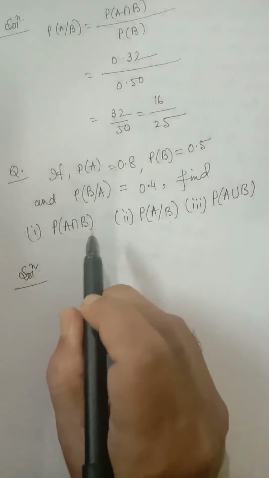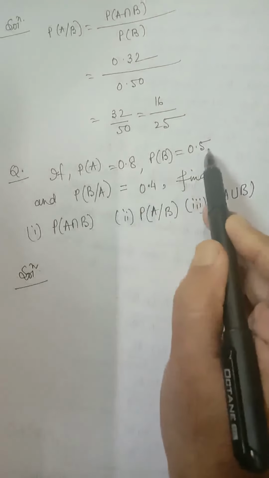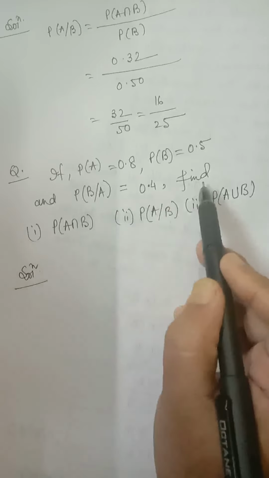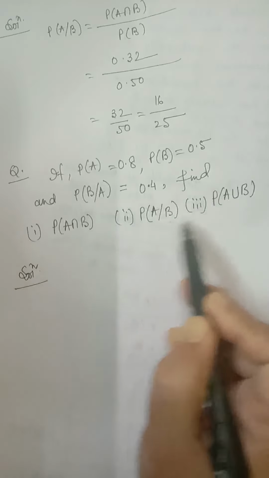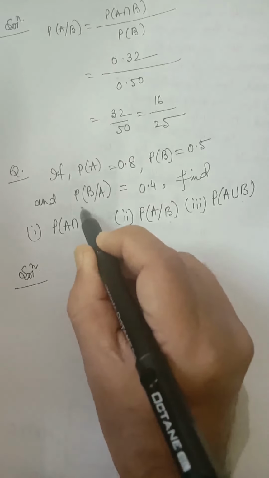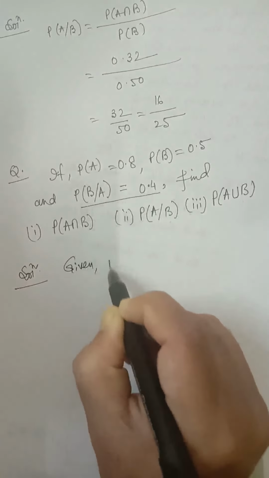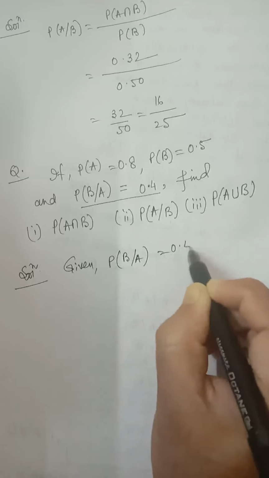In this question, given P(A) equal to 0.8, P(B) equal to 0.5 and P(B/A) equal to 0.4, to find P(A intersection B), P(A/B) and P(A union B). First of all, let us start with this condition. Given P(B/A) is equal to 0.4.